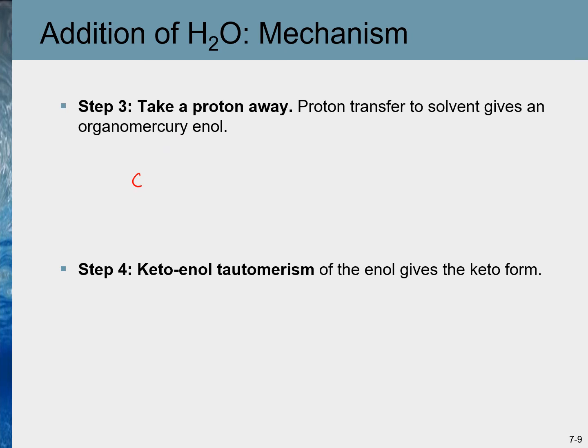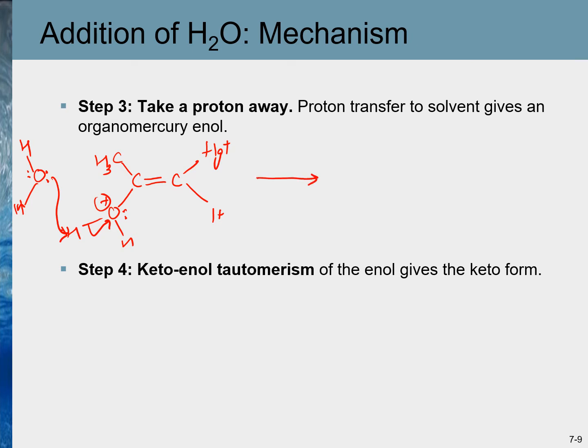In step number 3, the intermediate obtained at the end of step number 2 loses a proton in an acid-base reaction where another water molecule acts as a base, and a proton transfer results in the formation of an organomercury enol compound.